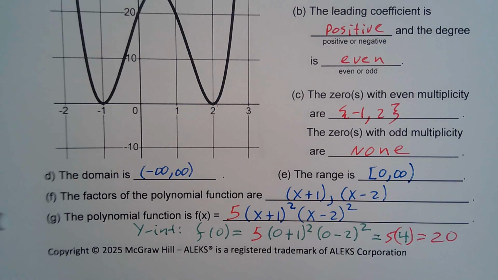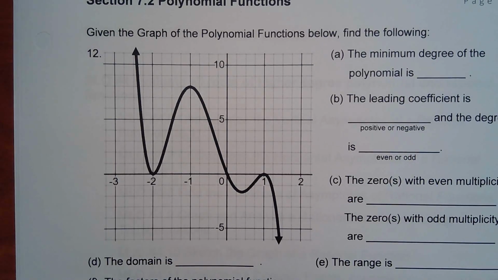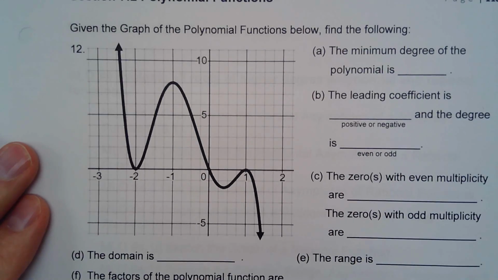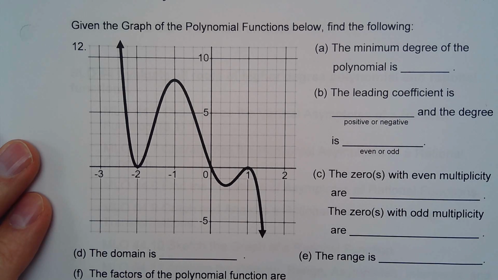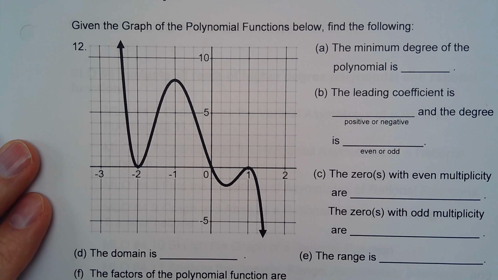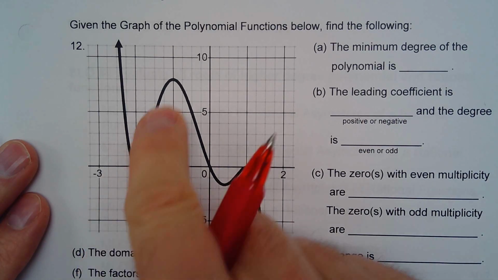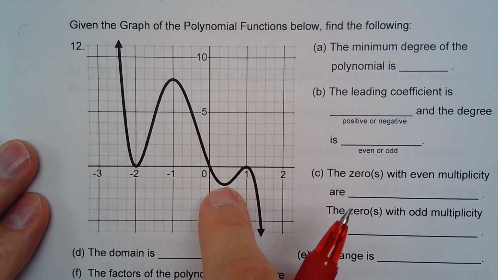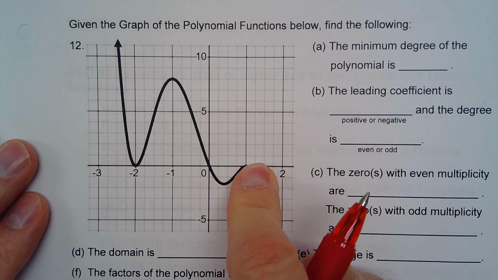All right, let's try a couple more of these. So let's count the turning points. So here, remember I'm counting peaks and valleys. I've got 1, 2, 3, 4 turning points.